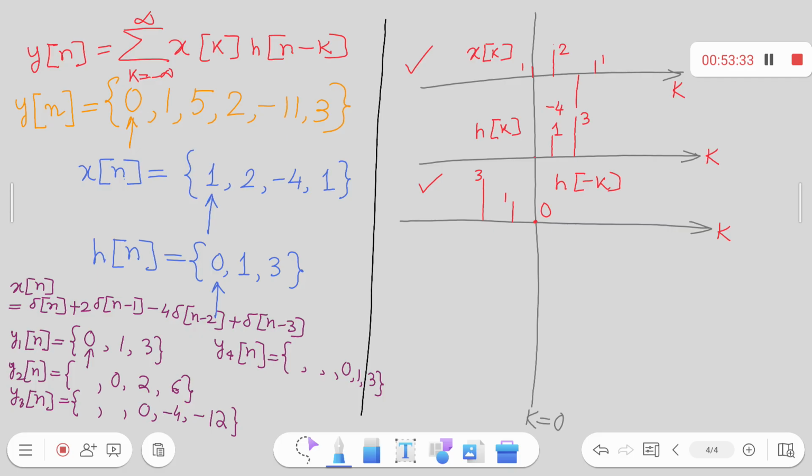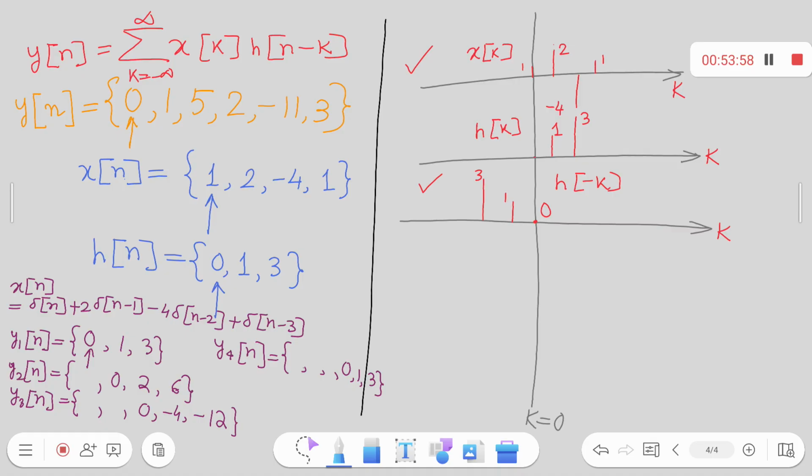Any overlapping? At 0 only. Because at 0 you have x of k component, at 0 you have h of minus k component. Right? At 0 you have this overlapping. So you need to multiply this x of k with h of minus k only at k is equal to 0. For other values, the values are 0. So either h of minus k equal to 0 or x of k equal to 0.